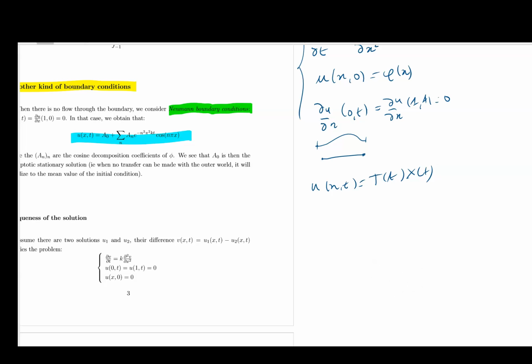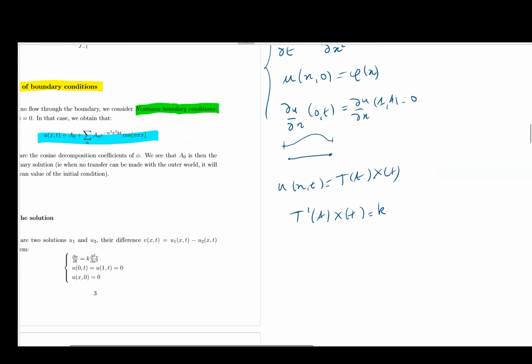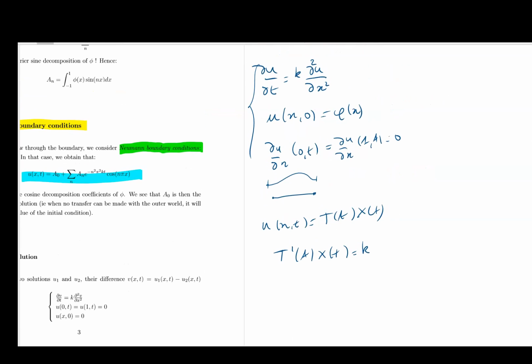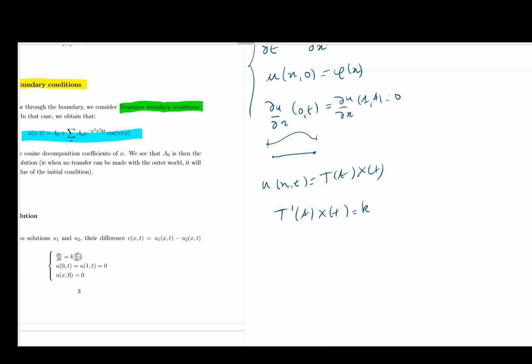So we proceed exactly like before, meaning that our equation gets rewritten. du/dt gives you T'X, and on the other side k times d²u/dx², so that's TX''.